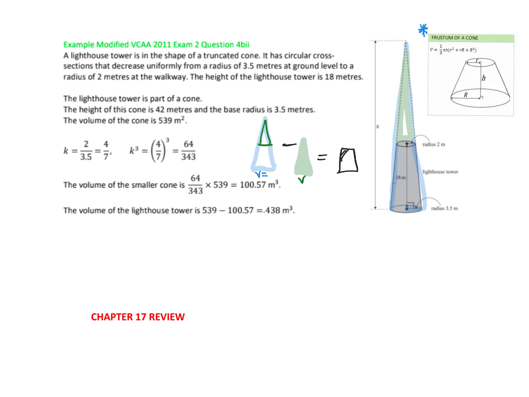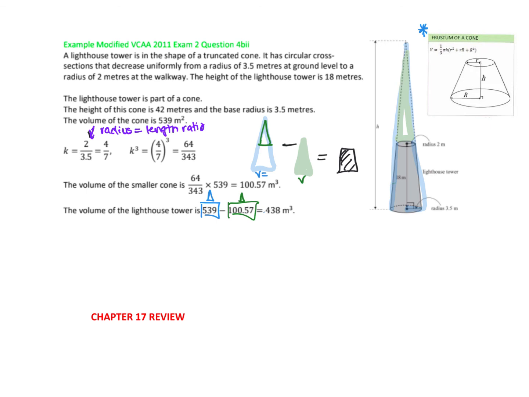You can use similar figures because they gave you a radius. The radius is a length, which means you can get the length ratio or the scale factor, which they did there. Then they cube it, and you can see this is the volume of the big cone, and then they found the volume of the small cone there, and they're minusing it. So you could find it out that way.